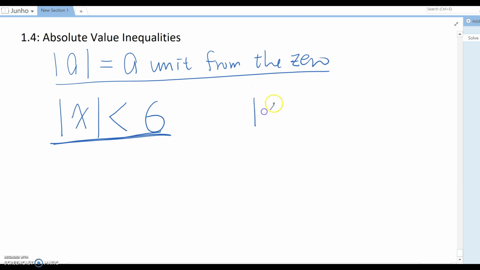If it was an equation, you may say x value that is 6 units from the 0. Now this one is an inequality, so you have to say any x value that is less than 6 units away from the 0. Make sense? You know what I'm talking about?